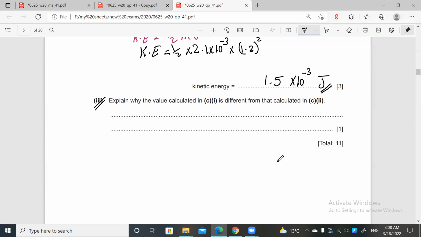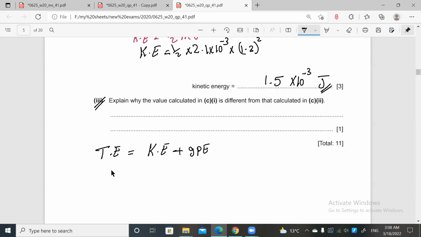According to the conservation law of energy, the energy is neither created nor destroyed, but it can only change from one form to another form, and the total energy must be the same, the kinetic energy equal to the gravitational potential energy. That means the gain in the kinetic energy must equal the loss in the gravitational potential energy or the opposite.